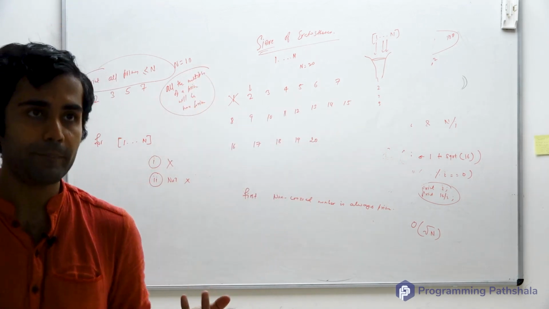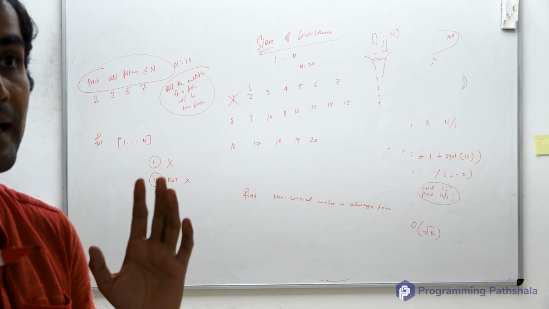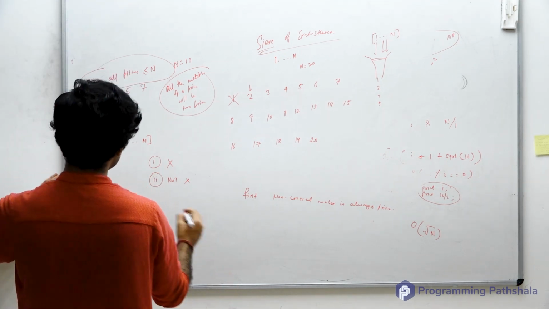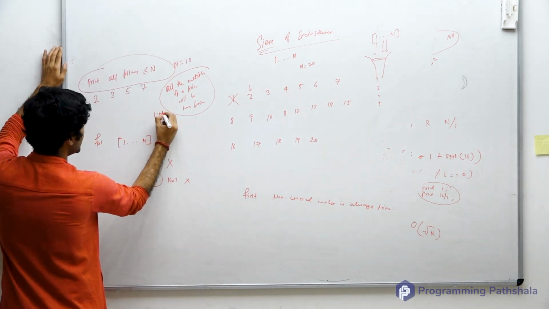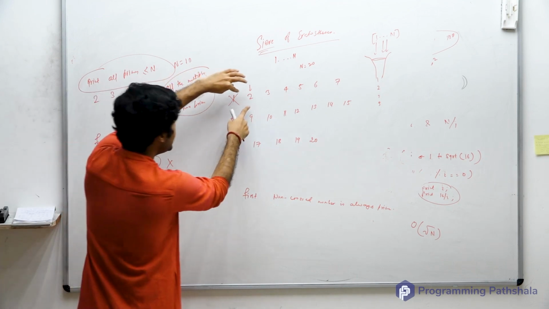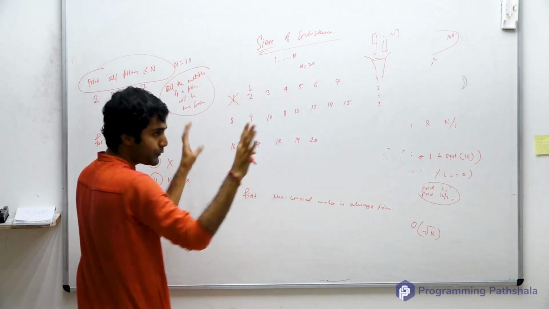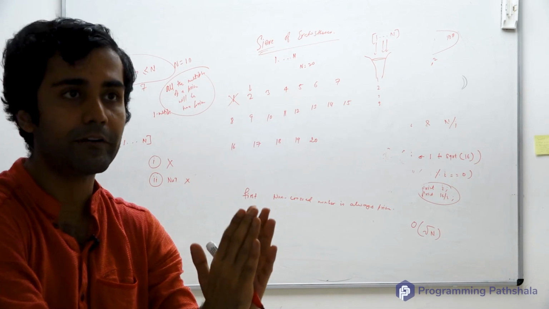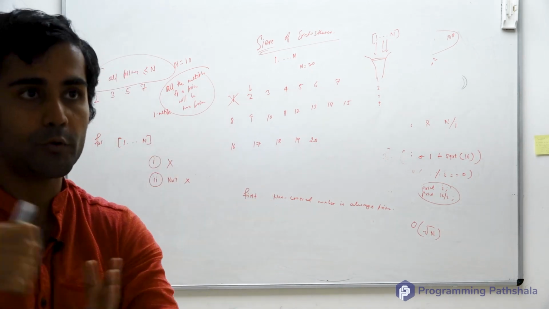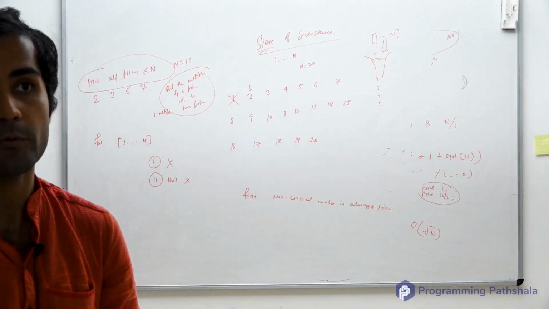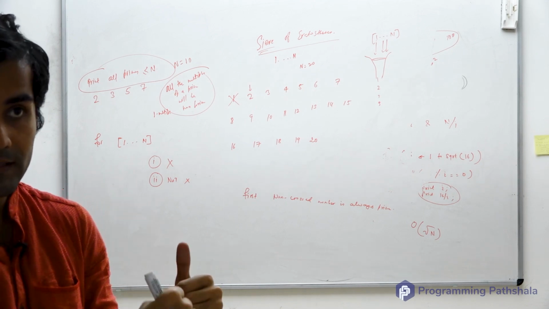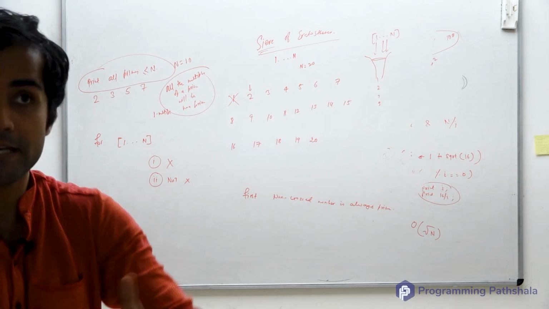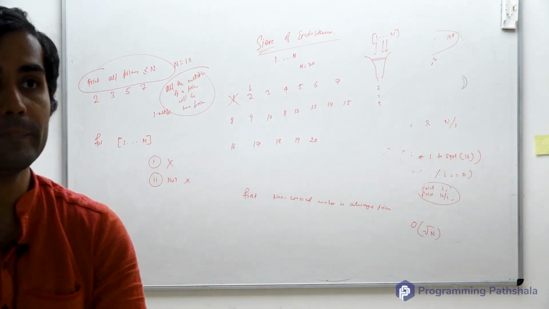All the multiples of a prime will definitely be non-prime, and by multiples I exclude one multiple, because a multiple of 2 is 2 also, but I don't want to consider that one. I want to start considering from 2 into 2, 2 into 3, 2 into 4 and so on. Are you getting the point? So all the multiples of 2 which are not 2 itself will all be non-prime.